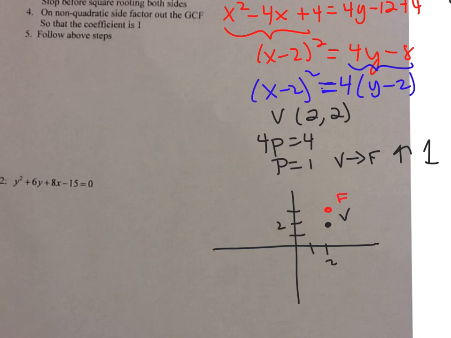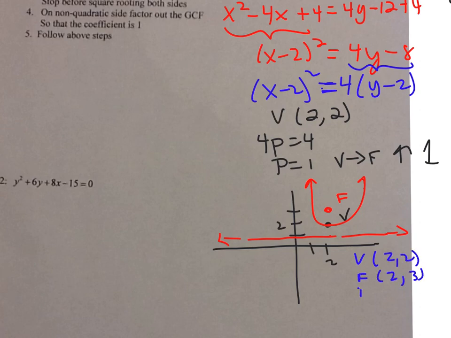That's going to give me my focus, concave up. And my directrix would be down 1. So there's my directrix. All right, so we have here my vertex is 2, 2. Focus is 2, 3. Directrix is y equals 1.